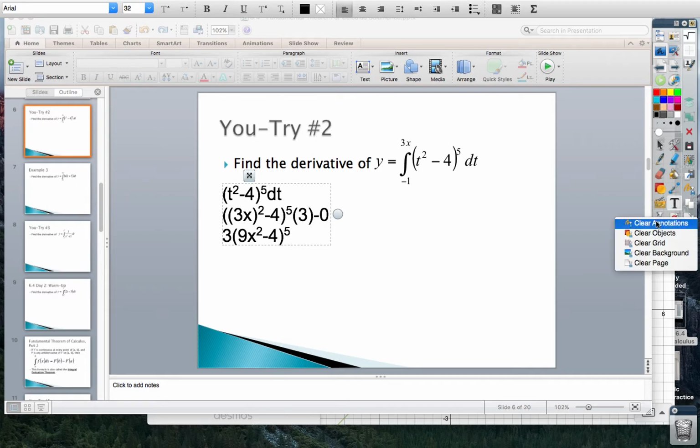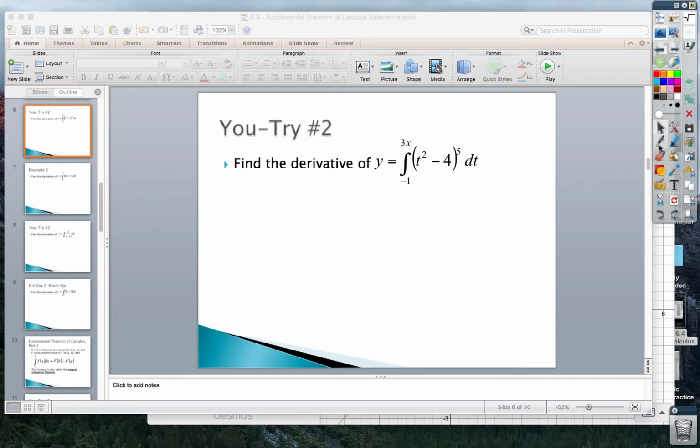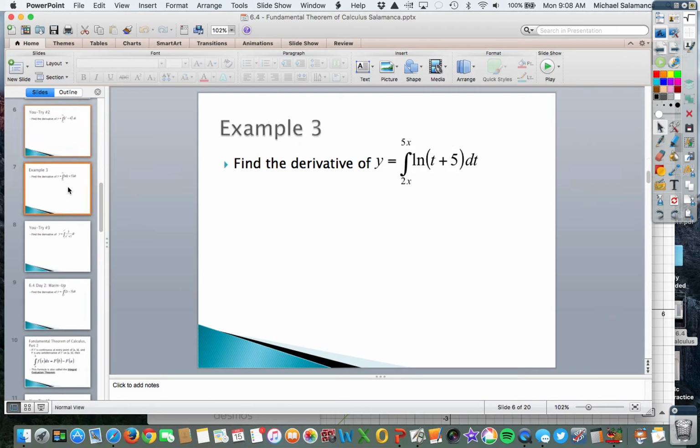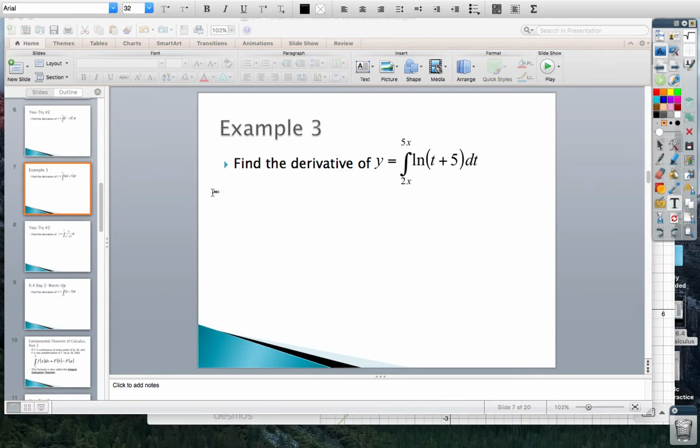So hopefully you're finding this to not be too difficult. If not, make sure to ask me in class. But let's try yet another one. Notice this one's a little bit different because it has x on the lower limit and on the upper limit. So this shouldn't be too bad. We have ln of t plus 5 dt, and now we're replacing.